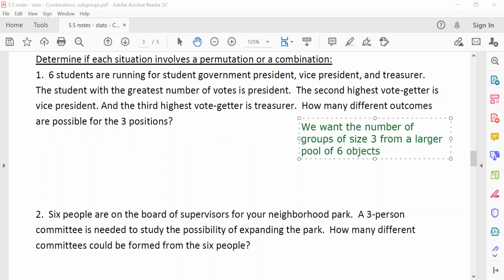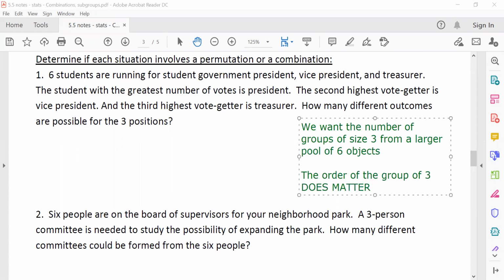That's what we want at the end of the day in brass tacks. The order of the group of 3 does matter. The order matters here because they are 3 unique named positions. There's the president, vice president, and treasurer, which are 3 different things. They're not all equal in rank, if you will.